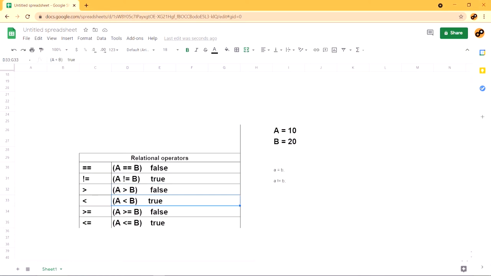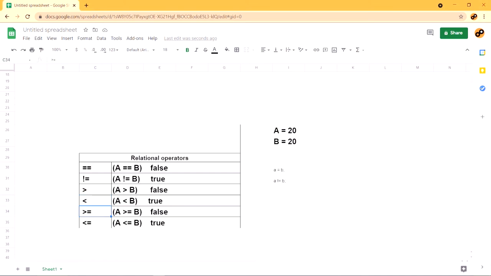Greater than or equal to, or less than or equal to: here, if the value of a is 20 and the value of b is 20 and you give a greater than b, it will give you false, and if you give a less than b, it will give you false.